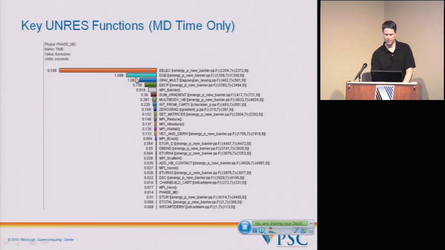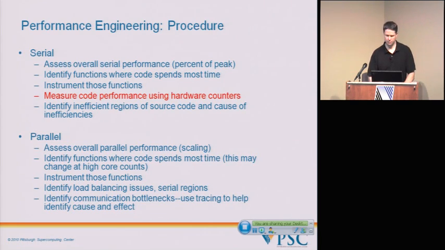So we'll go through how to get some of these views momentarily. But we're just moving through this story of the process of performance engineering. So we've taken a look at the overall serial and parallel performance of our code. We've looked at where the code spends the most time. We've tried to instrument and isolate those functions that are most important to eliminate overhead and also to make sure we're measuring the region that we're really interested in.